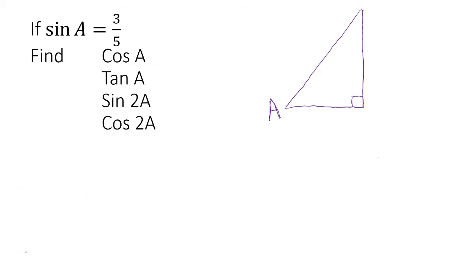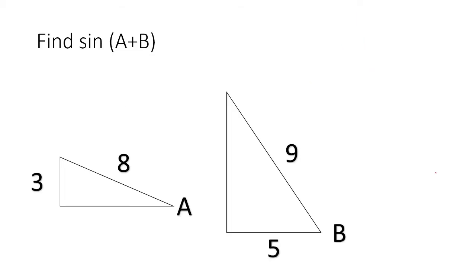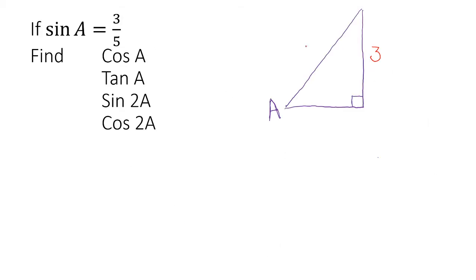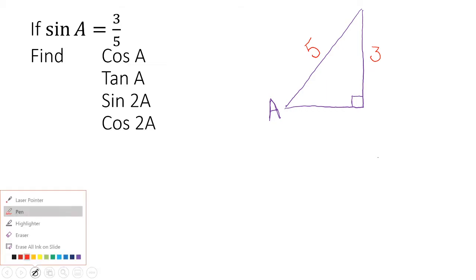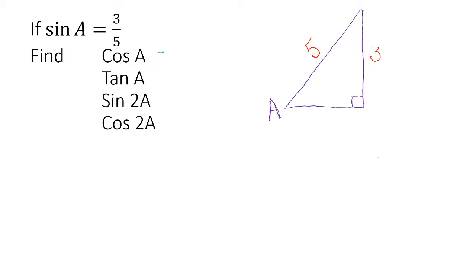You just have to select one. So we're going to say the opposite side of A is 3, and the hypotenuse of this problem is 5. Then it says find cosine of A. Well, we've already learned that cosine is adjacent over hypotenuse.